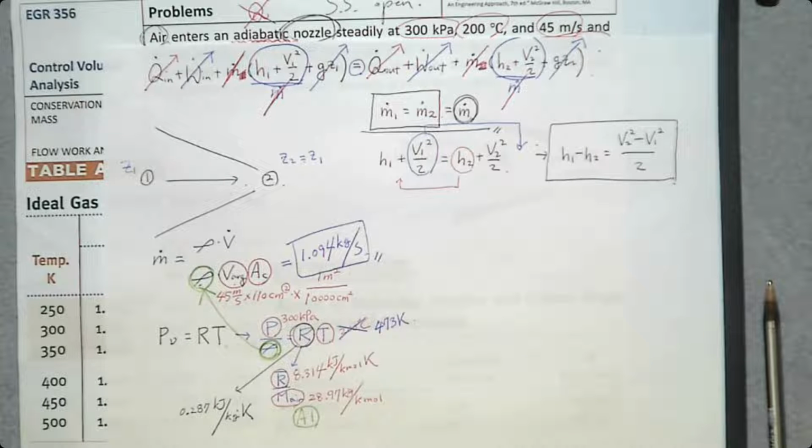So that's how you determine the mass flow rate of this air in the nozzle by using density times velocity times the cross-sectional area. And since density was not available, we used this ideal gas equation to determine the density, and we can get the mass flow rate.